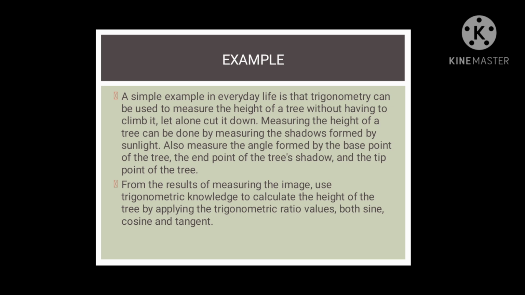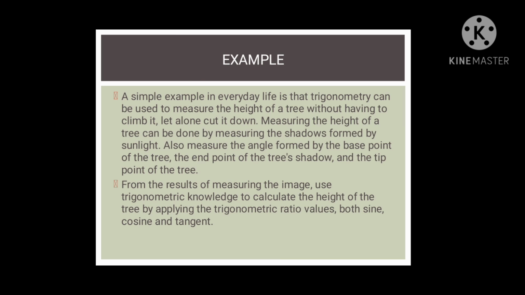Example. A simple example in everyday life is that trigonometry can be used to measure the height of a tree without having to climb it, let alone cut it down. Measuring the height of a tree can be done by measuring the shadows formed by sunlight.